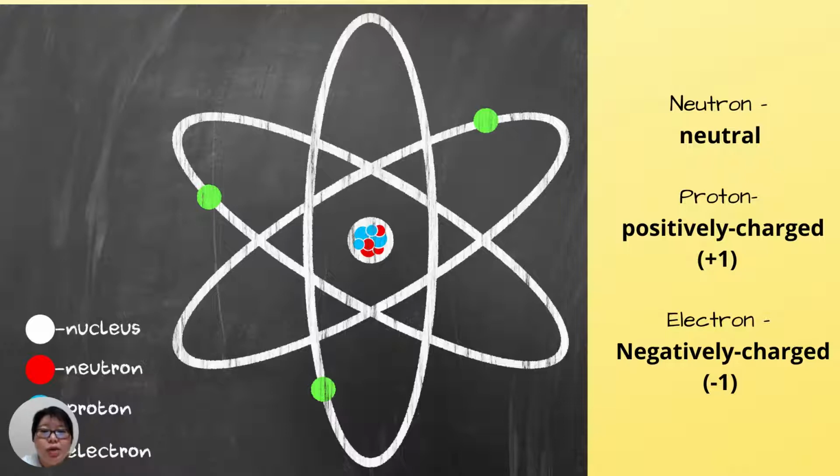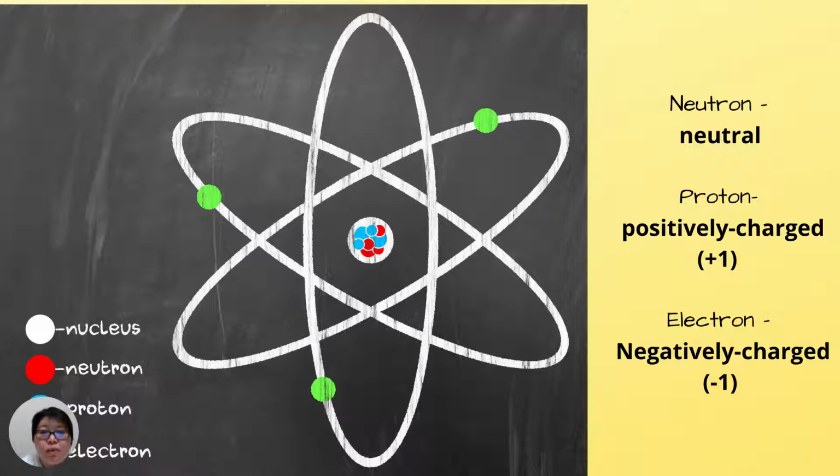Now let's look at the charge of the neutron. The neutron, which is located at the nucleus, is neutral, and the proton, which is located at the nucleus, is positively charged, having the charge of positive 1. Each proton is charged positive 1. And the electrons are negatively charged, each of them charged negative 1.